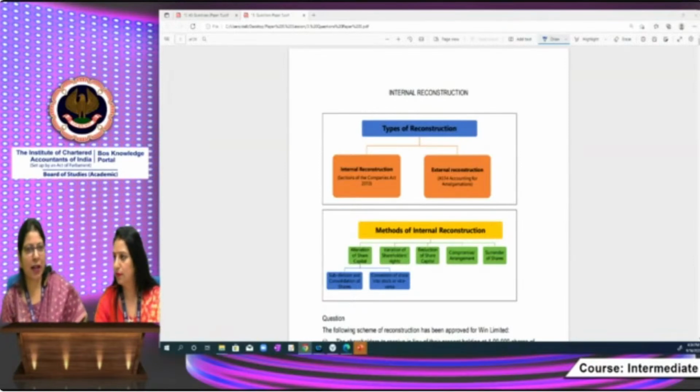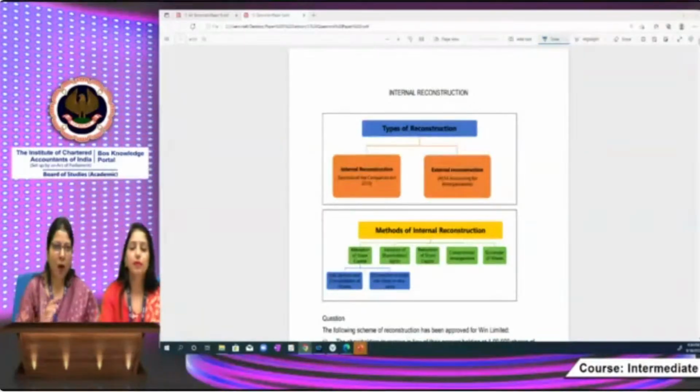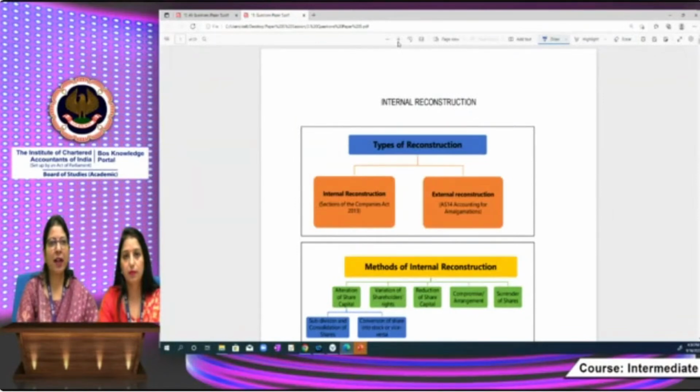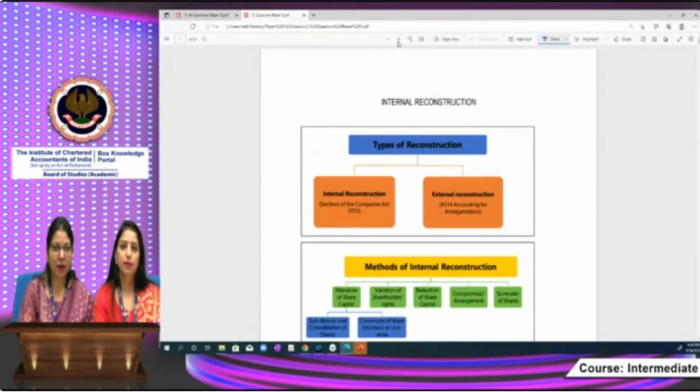Moreover, we would also highlight now that in all the answers, wherever the calculations are being required, suppose it's a question of amalgamation or consolidation, working notes are very important to be given. Because if you have calculated the amount of minority interest correctly on your calculator and you have written it directly in the balance sheet of the company, then you will not get marks, because we want the working note for the calculation of minority interest.